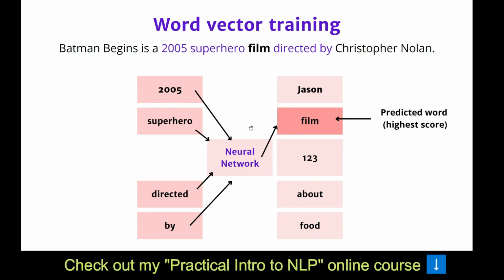After the whole training is done, for film, we collect the 768-length vector, and that's the word vector. Similarly, for food, there's a 768-length weight vector that we collect, that's the word vector for it. And for the whole corpus, maybe 50,000 or 100,000 words, for each word we have a vector representation of length, let's say, 768.